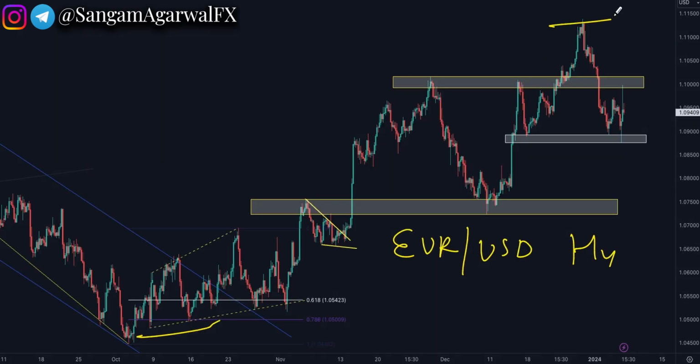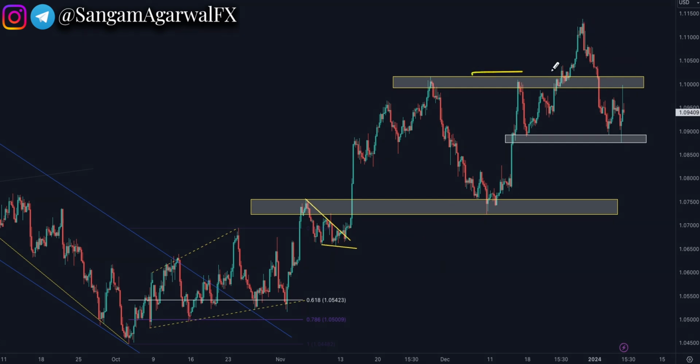On the EURUSD H4 chart, during the holiday week it went up and broke out above 1.1, but immediately last week it came down when everyone returned from holiday. And now you have crystal clear horizontal support and resistance.